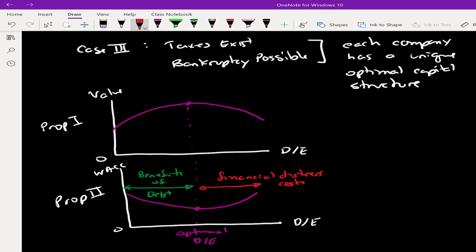Essentially what this is saying is that at a certain point of debt, your creditors and shareholders all start to worry that this company has a lot of debt. Your cost of debt goes up, and cost of equity goes up because shareholders don't want to invest anymore. They might think you might go bankrupt, and it starts going up. So you want to keep increasing debt until the benefits are finished, but you don't want to go into that red zone.